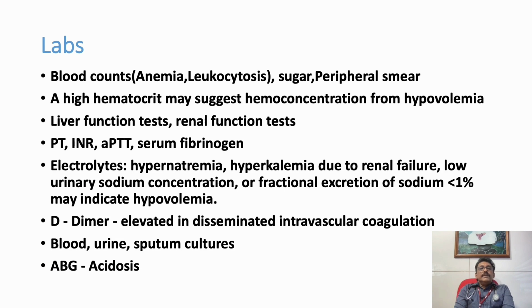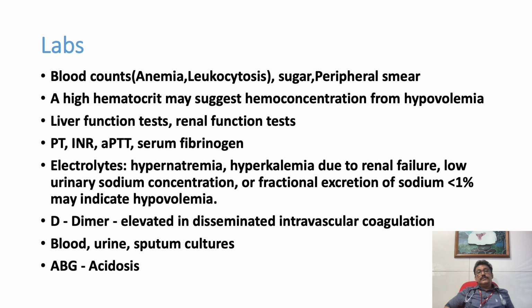Now other lab investigations, you can see the blood counts can be very important. This one is a very important investigation in shock. Some patients can have severe anemia, they can have shock. Anemia should be corrected. In septic shock, you can get either leukocytosis or leukopenia. Blood sugars are very important.